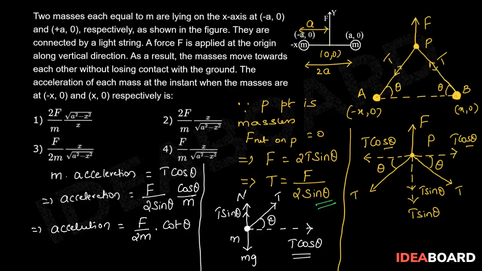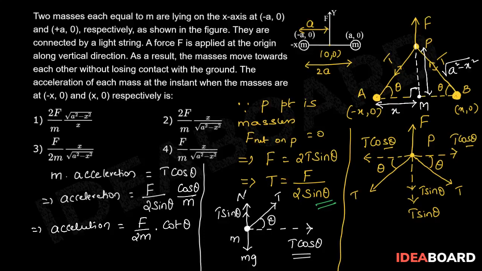Now, if we extend the line along which capital F force is acting in the backward direction and name this point as capital M, then from this right angled triangle AMP, cot theta is x upon under root of a square minus x square.